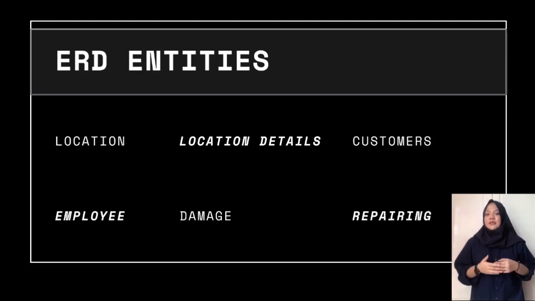Okay, now I'm gonna explain about the ERD entities. For this case, there are 6 ERD entities: locations, location details, damage, employee, customers, and repairing. For the relationships among the entities, the location is connected to location details, and then location details are connected to damage.